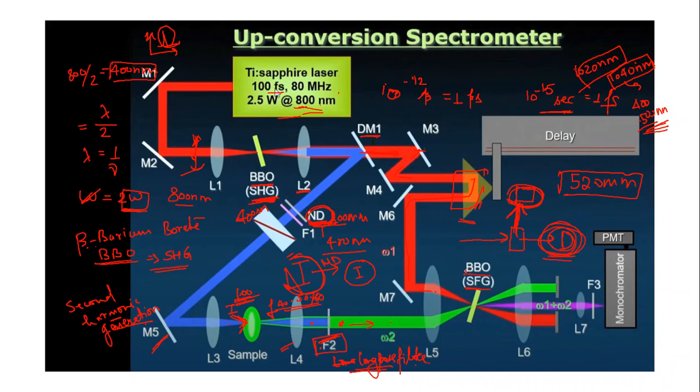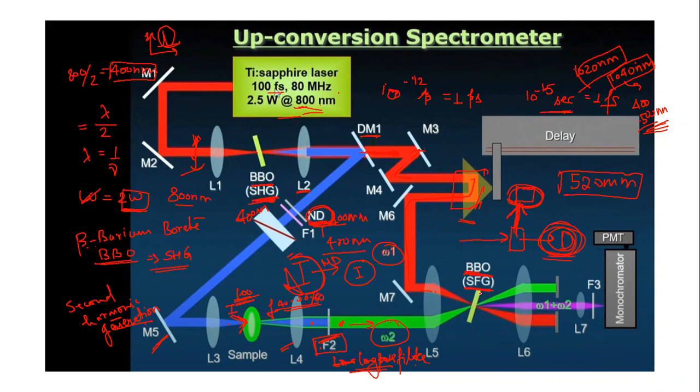Now this SFG, BBO stands again for the beta barium borate, but this SFG is sum frequency generation, where this omega 1 and omega 2, which are the frequencies of these respective light beams, merge.